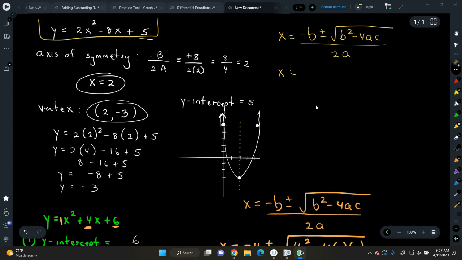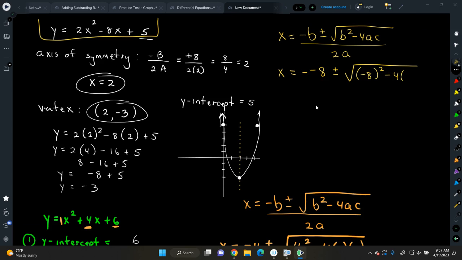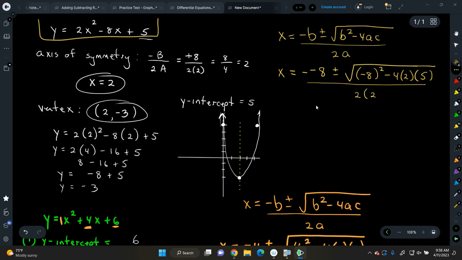So x equals negative b. So that's negative 8. So is that a positive? It's going to become a positive, yep. Plus or minus the square root of negative 8 squared minus 4 times a, and in this case, a is 2, times c, which is 5, all over 2 times 2.